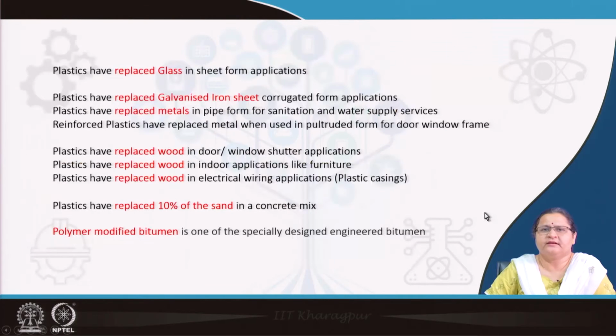So, we will enter into the major component, what has plastic replaced and who has replaced. Plastics have replaced glass in sheet form, the acrylic, it has replaced glass. Plastics have replaced galvanized iron sheet, again corrugated acrylic sheet or polycarbonate sheet.